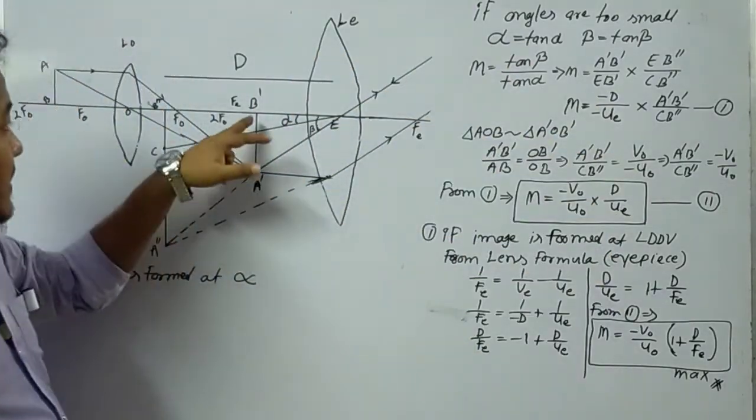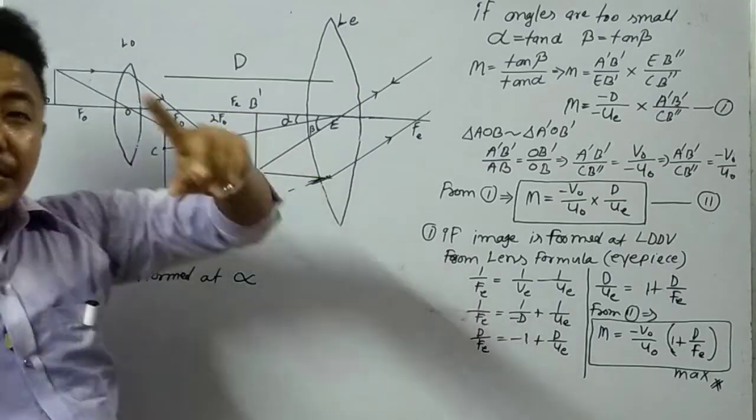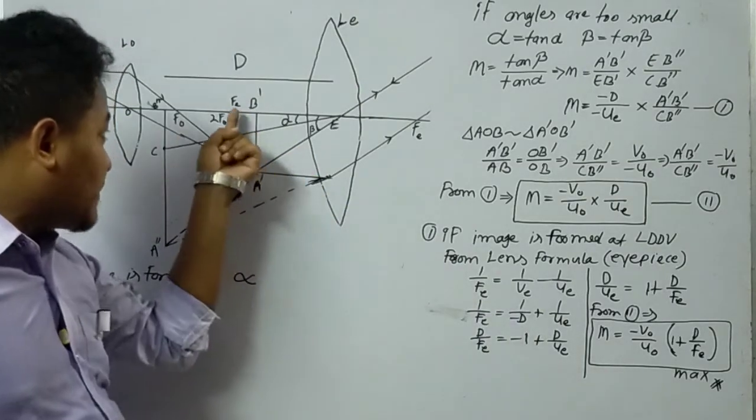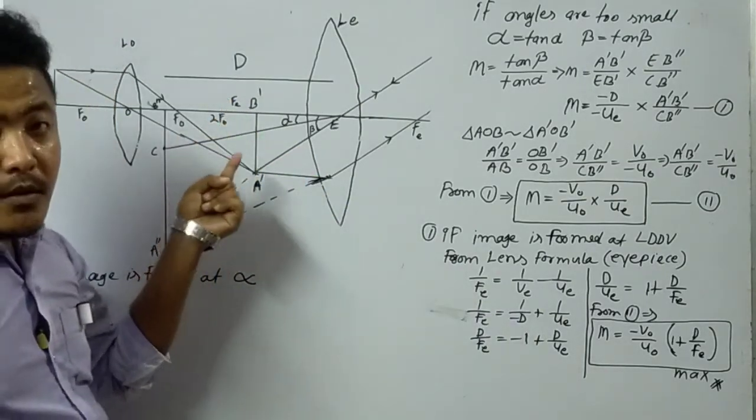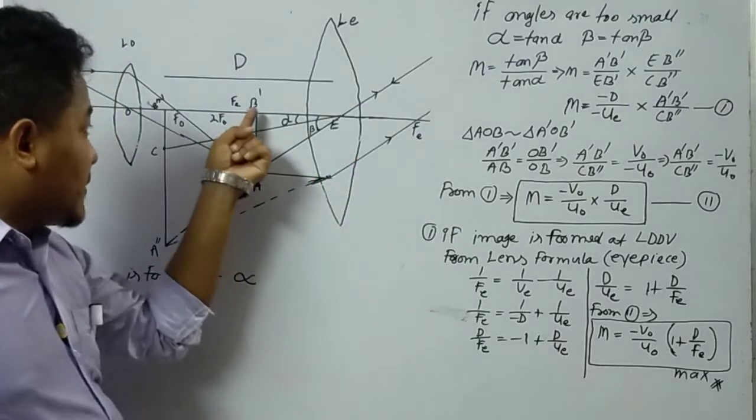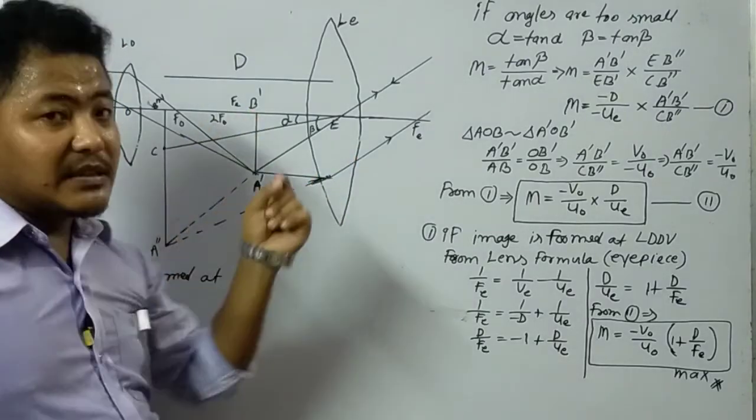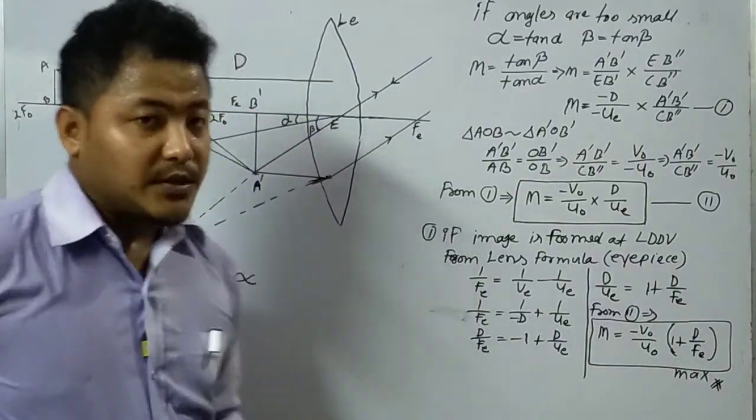The image will be formed at infinity if the object is kept at the focus. Remember that point. If the object is placed at the focus, then the image will be produced at infinity.